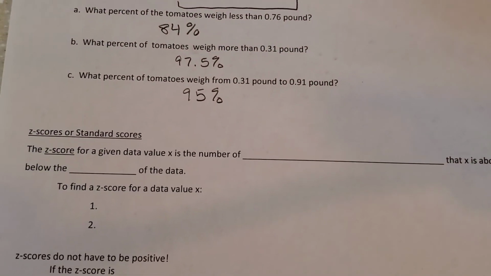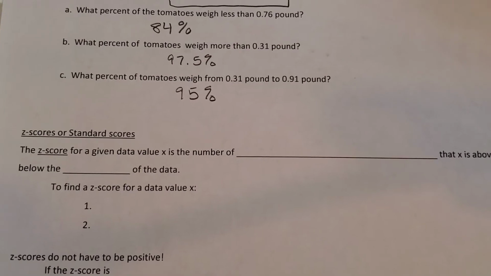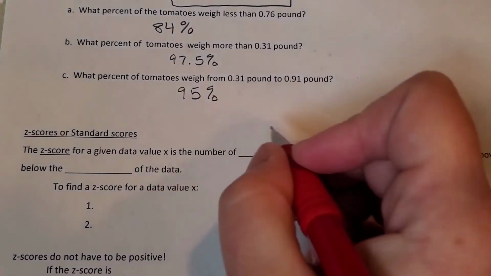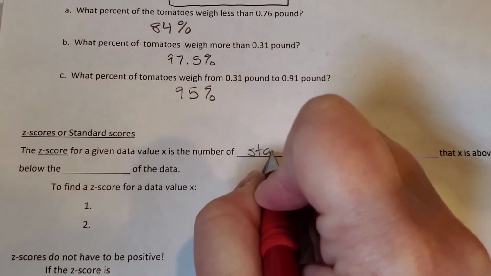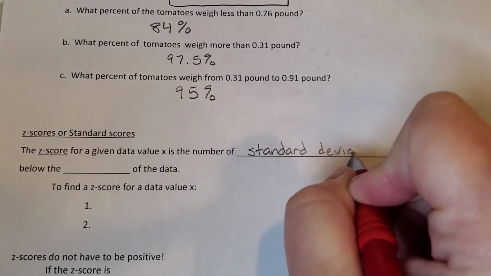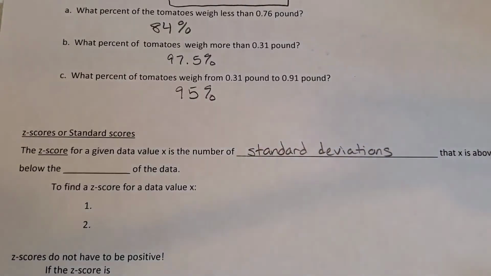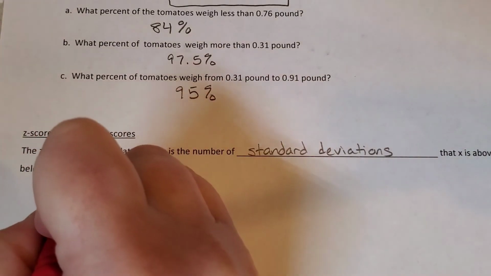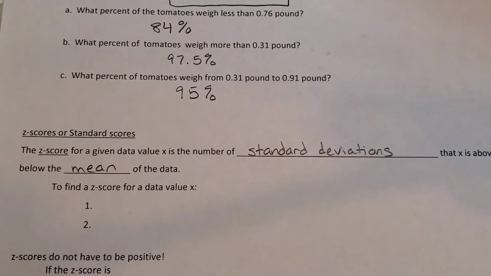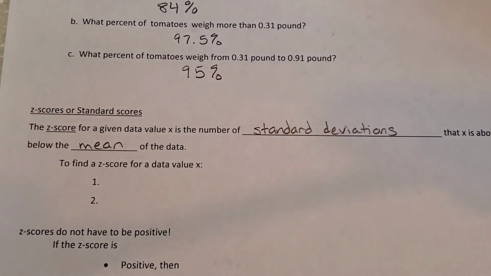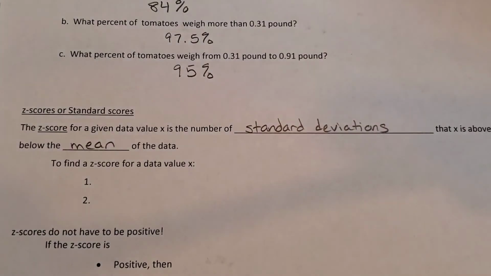Right, the next thing we're going to look at is z-scores or standard scores. The z-score for a given data value x is the number of standard deviations that x is above or below the mean of the data. So to find a z-score for a data value, it's how many standard deviations above or below the mean.